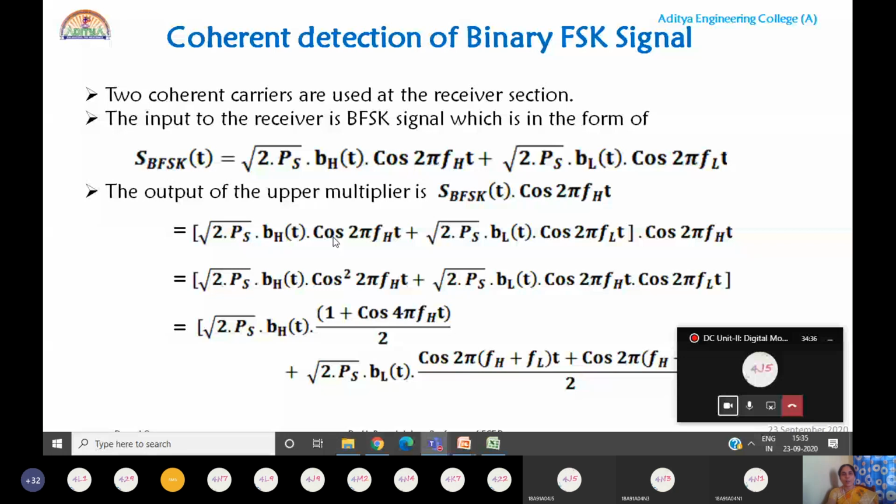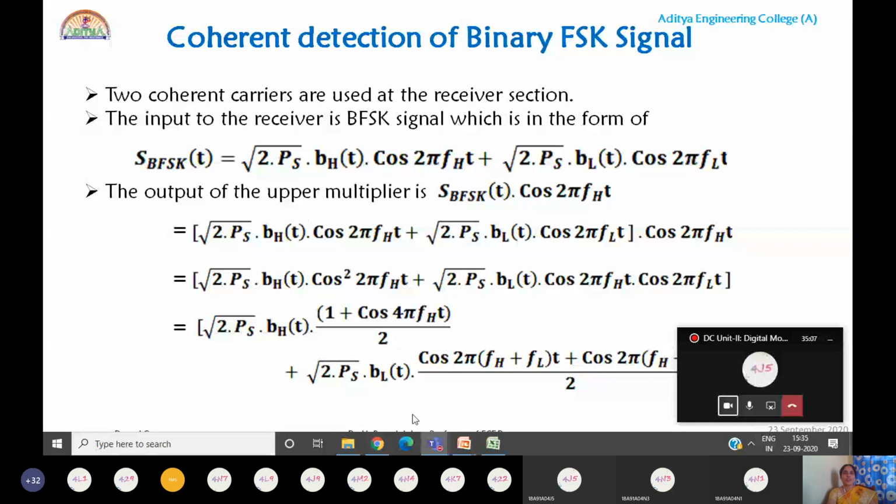Let us take the upper correlator first and calculate its output. A correlator consists of a multiplier followed by a low pass filter. The upper multiplier takes the product of the FSK signal with cos 2 pi FHT, and the lower multiplier takes the product of the FSK signal with cos 2 pi FLT.